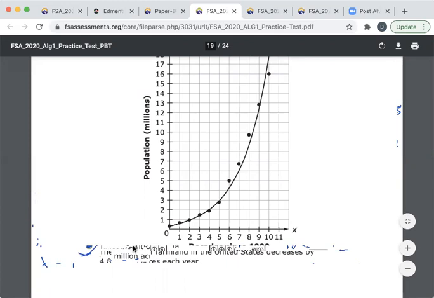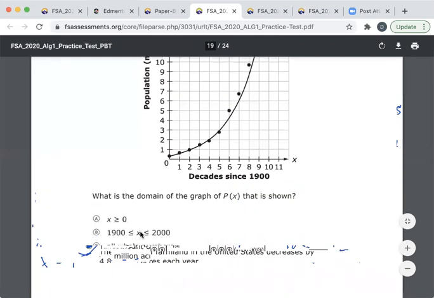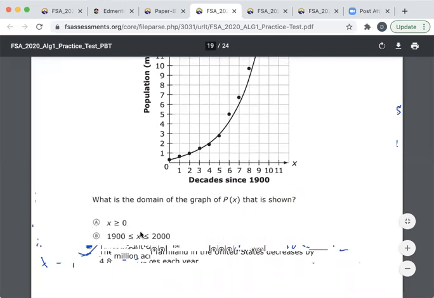And it wants to know the domain. So remember the range is up and down, or the y values. The domain is left and right, or the x values, okay? And it gives us our options down here.